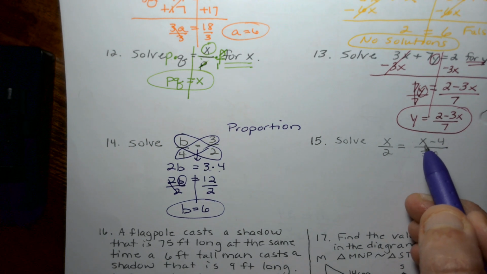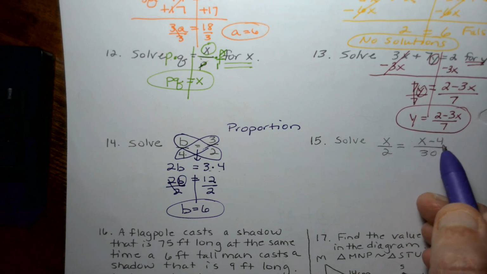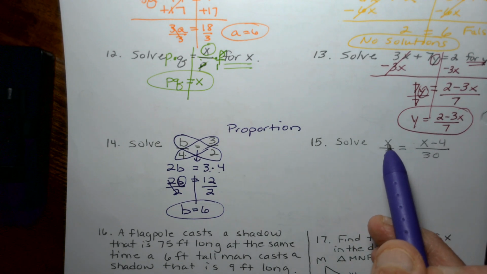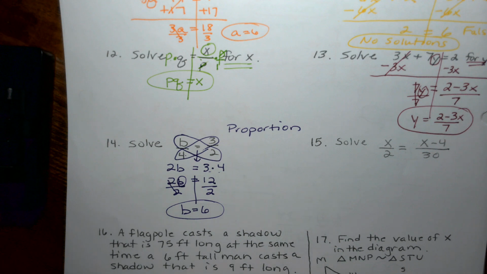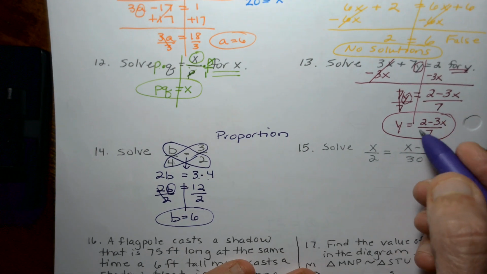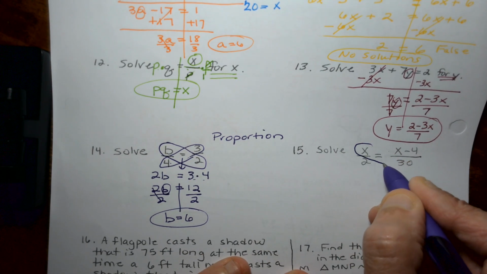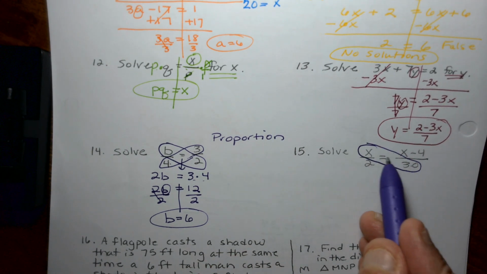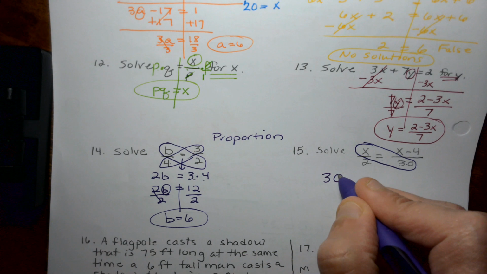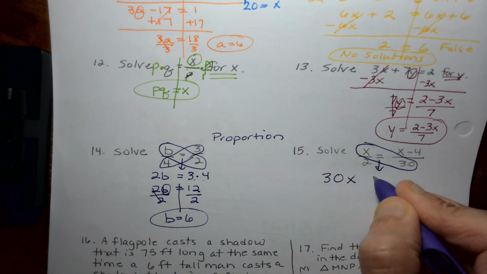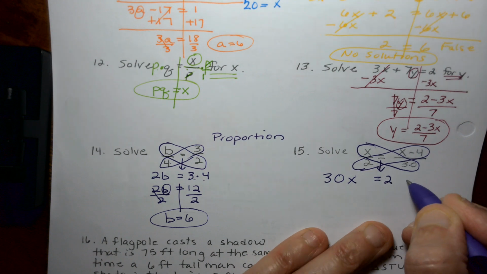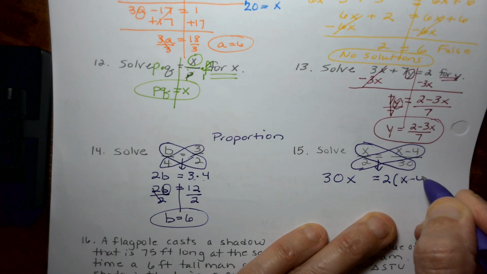So this doesn't just have a number here. It has x minus 4, and then you have the x over here. So we have to do more solving in this one than that. Let's start our cross multiplication. So it's 30 times x, and then again, you bring down the equal. And now we're going to multiply 2 times x minus 4.